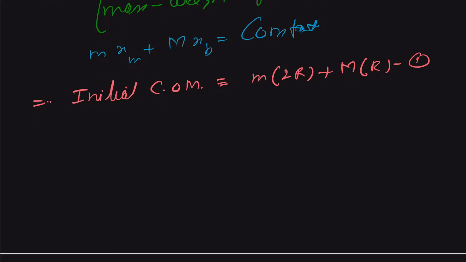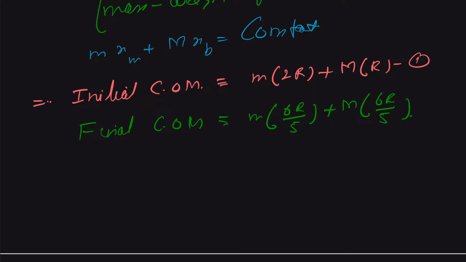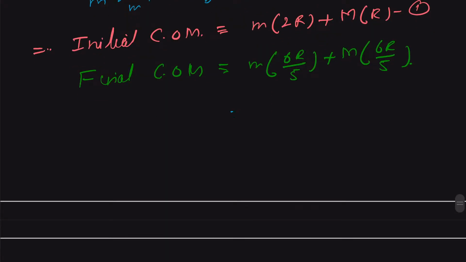And we can write the final center of mass, and that is equal to our mass m times 6r upon 5 plus mass M times 6r upon 5. Okay. So we can take 6r upon 5 as common. So we get this as m plus capital M, and this is equation number 2.